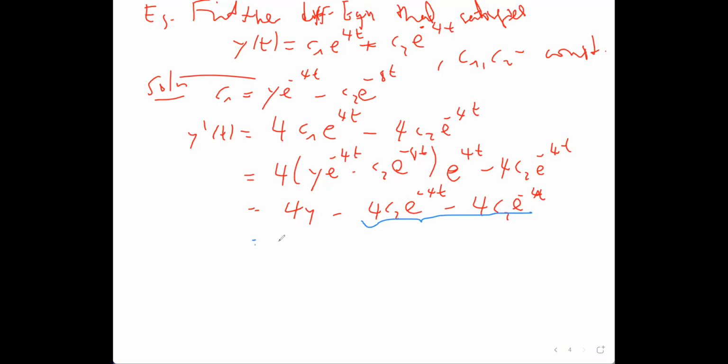So you can write this as 4y minus 8 c2 e^(-4t). And that gives us a value for c2.